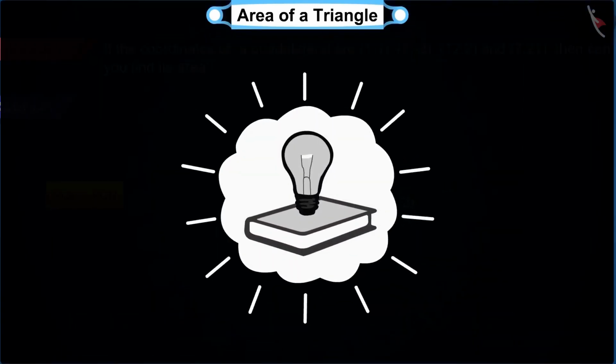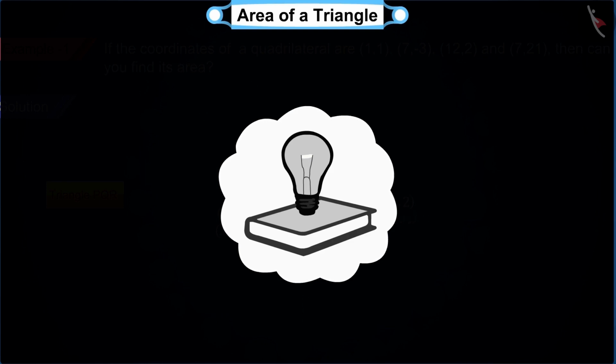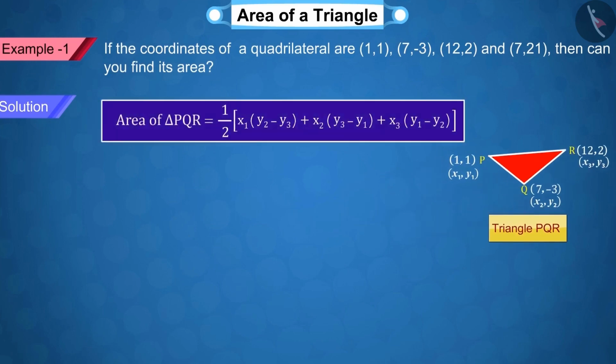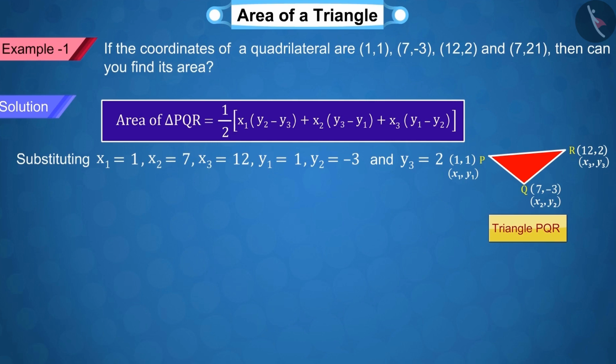Recall and state, how did we find the area of a triangle in such a situation? In this formula, we can substitute the values of x1, y1, x2, y2, x3 and y3 and solve.